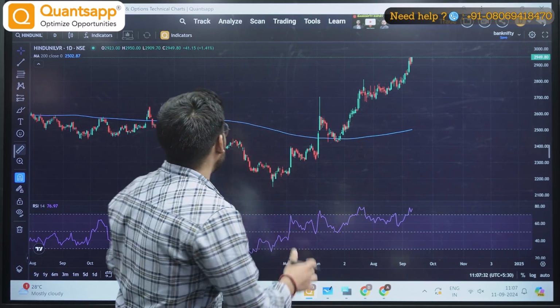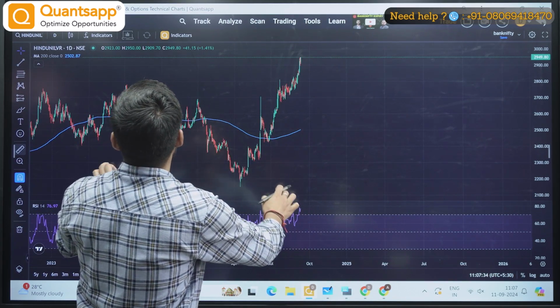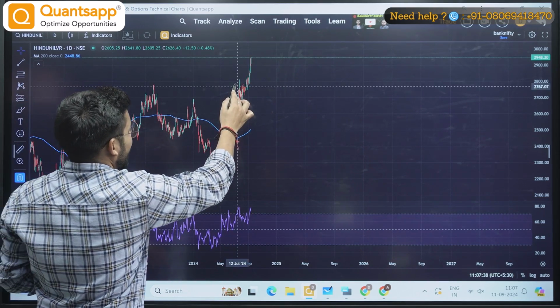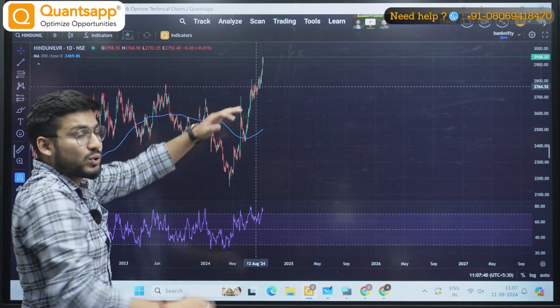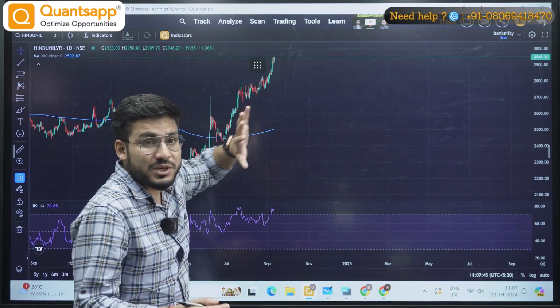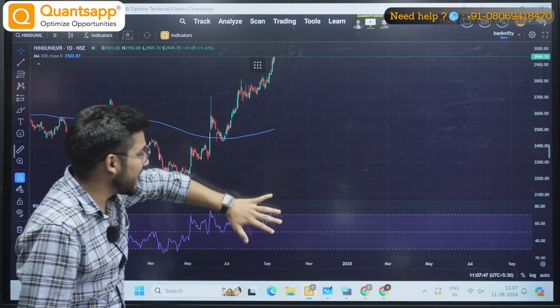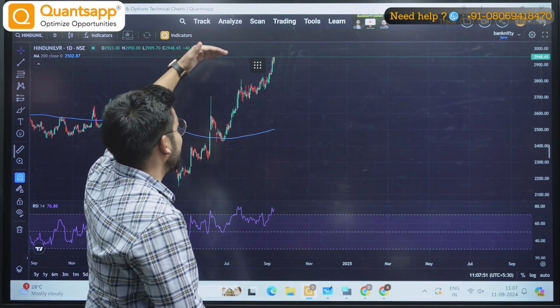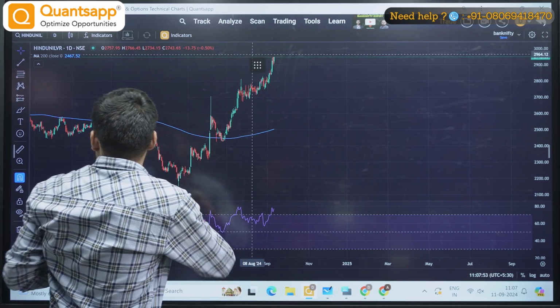No. Why? Because first of all, I have to mark some entry points here. I can see there was a resistance here, and my market already broke that resistance. So right now I'm not getting any confirmation that my market can fall down. I have the RSI, but I still need one more confirmation, either a support or a resistance.